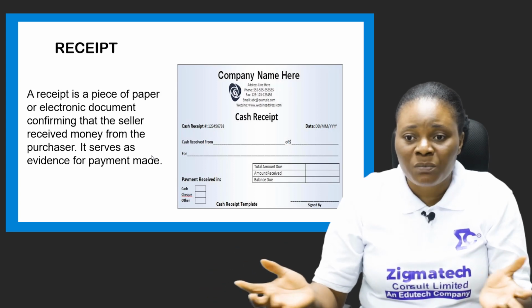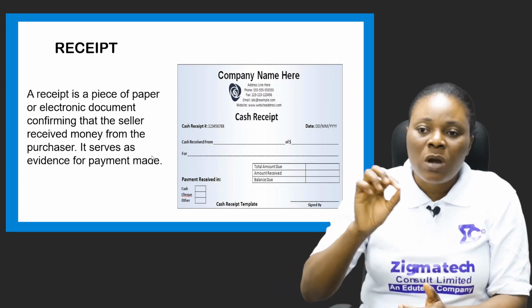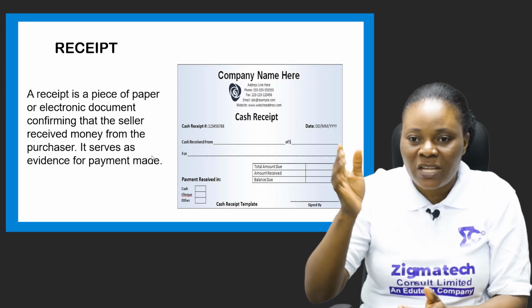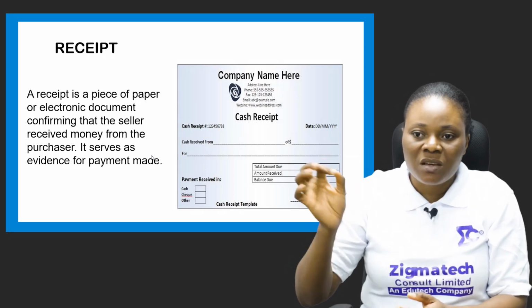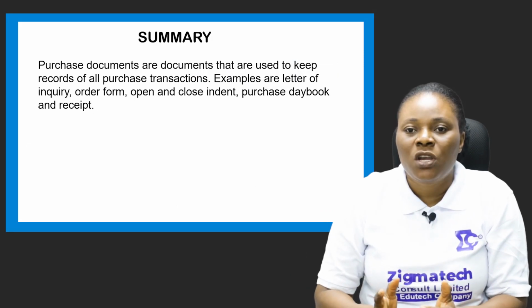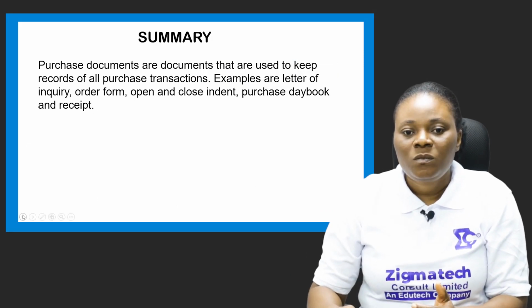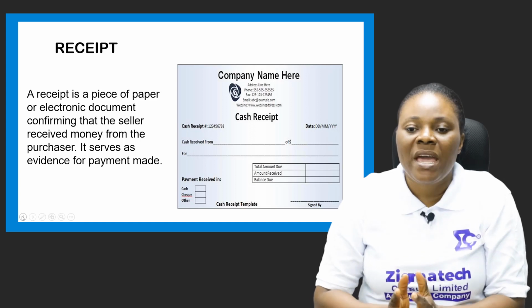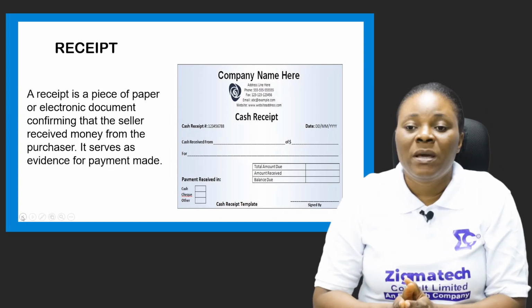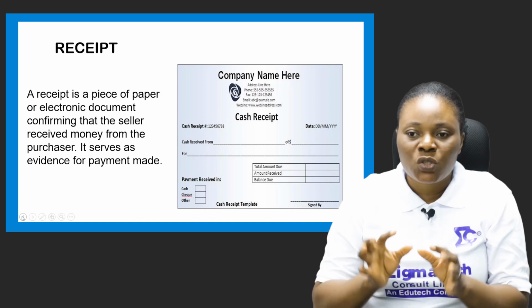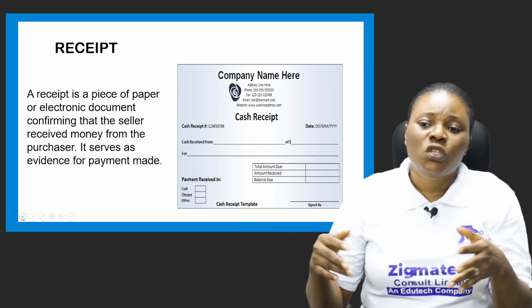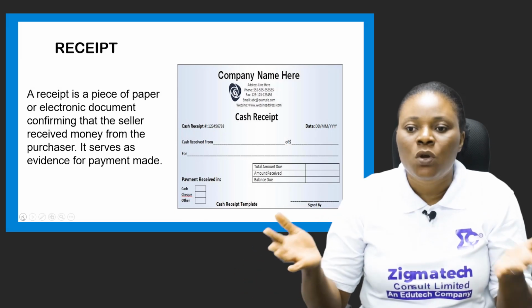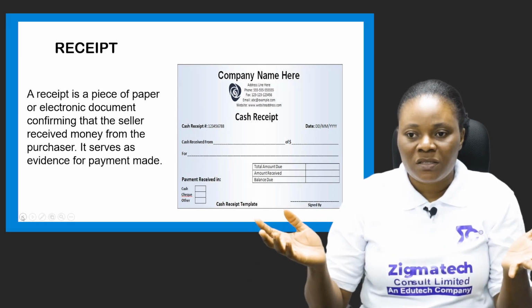Though not all receipts, but the current receipt you have now, you have columns for that. You have cash, like the one you are seeing on the screen. You have cash, check, others. So you tick the most appropriate one. You paid in cash, or you paid with a check, or you paid with the POS machine. Then the total amount you paid. Then let's assume that you did not pay the complete amount on the invoice.